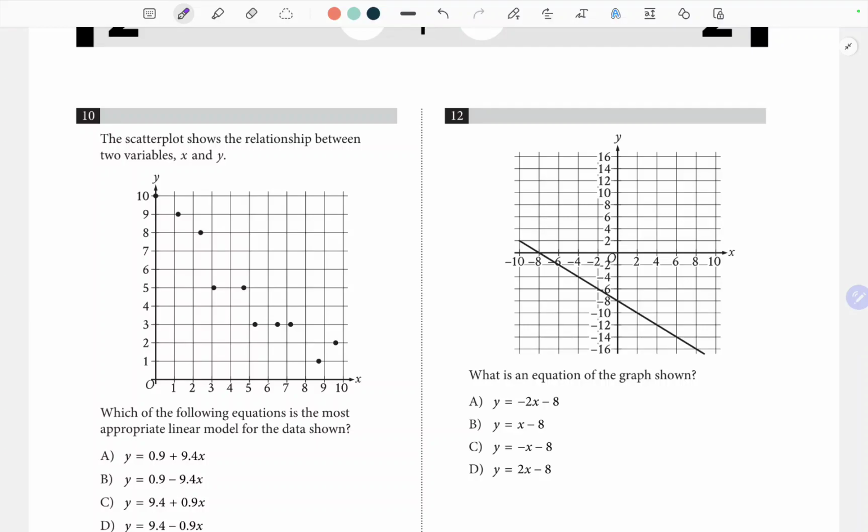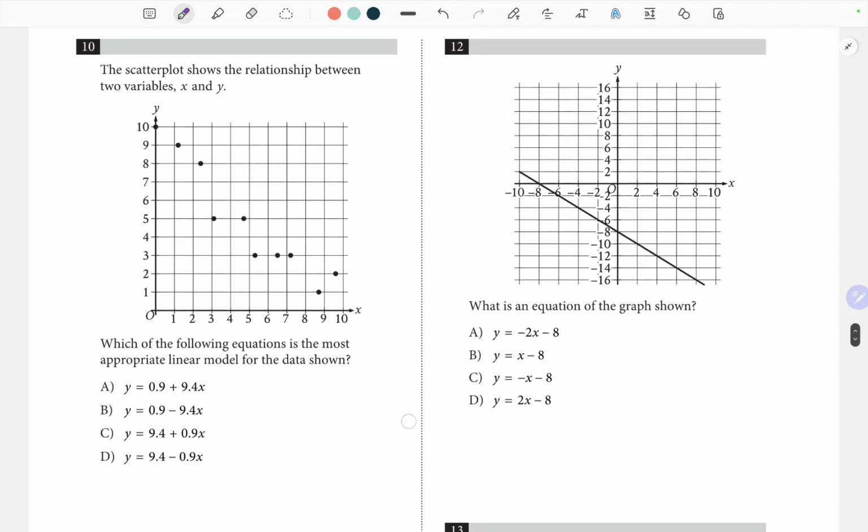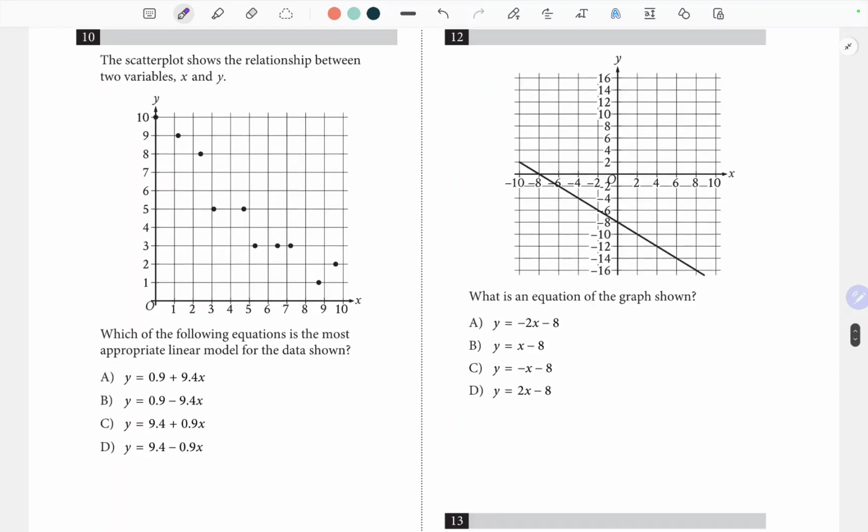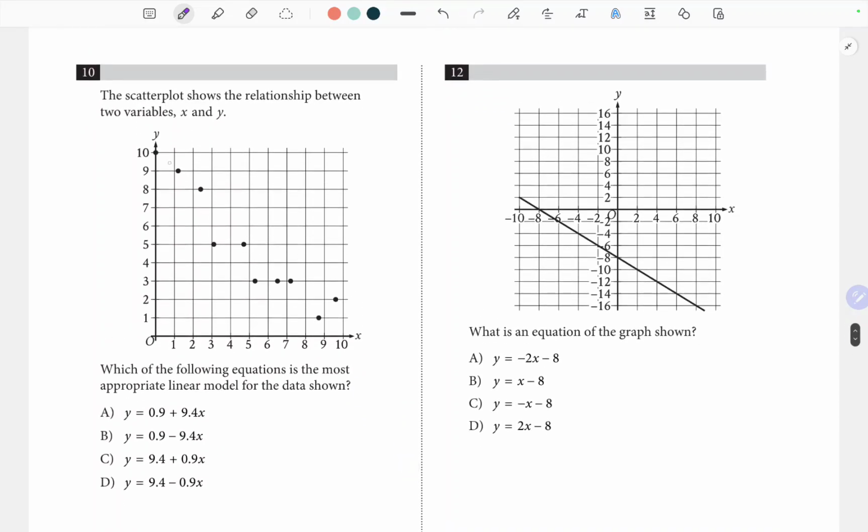The scatter plot shows the relationship between two variables. Which of the following is the most appropriate? First of all, we should draw a line like that. The gradient must be negative, so this is not possible, this is not possible, but these two can be. When x is 0, it is 0.9 and 0.94.